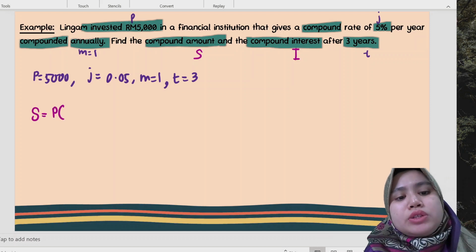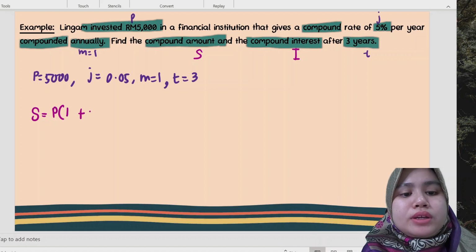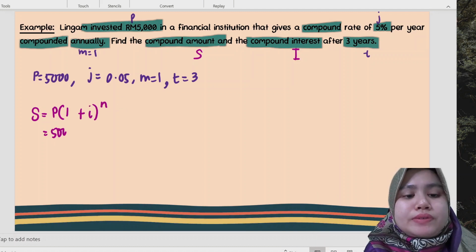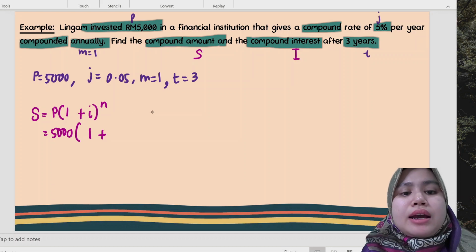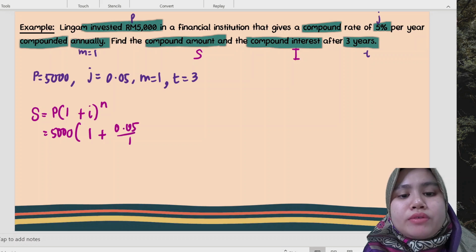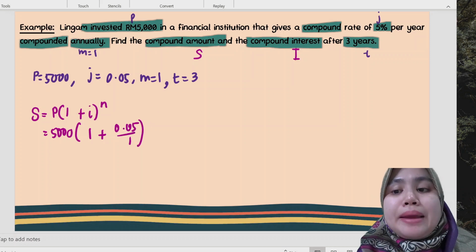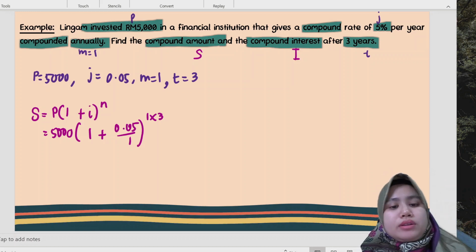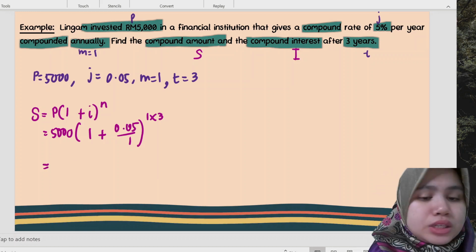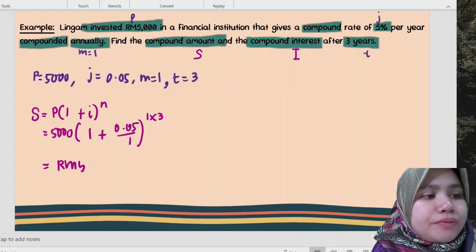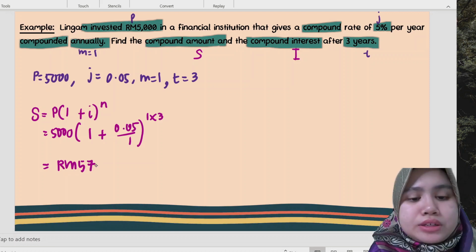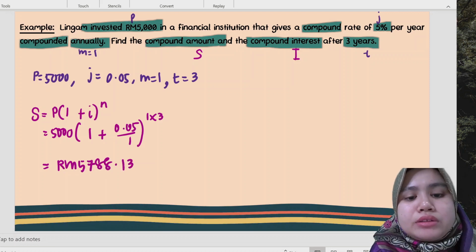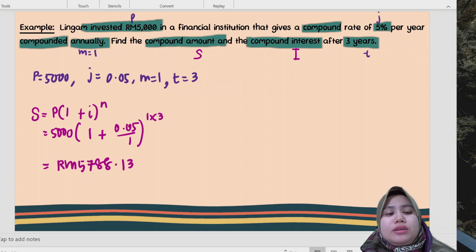By right now, actually you can remember the formula: 1 plus I to the power of N. So you will have 5,000 multiplied with (1 plus I), where I is J over M, 0.05. N is M multiplied with T. From your calculation, you will have RM 5,788 ringgit 13 cents.